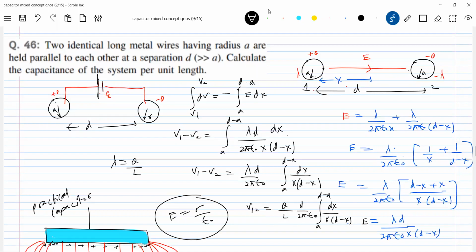Now, what is the capacitance? It should be equal to Q by V12. Solve it, you'll get the required answer.